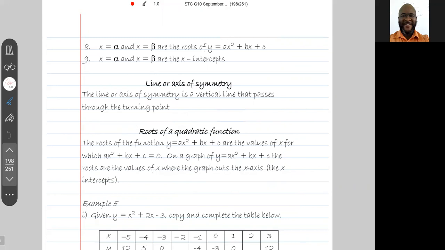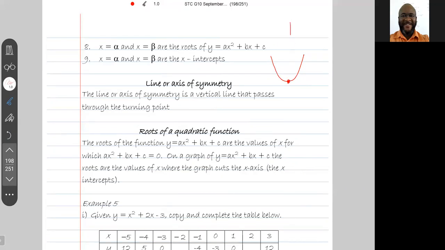Guys, earlier I talked to you about the line of symmetry. So we have a graph looking something like this. This is the lowest point, the minimum turning point.